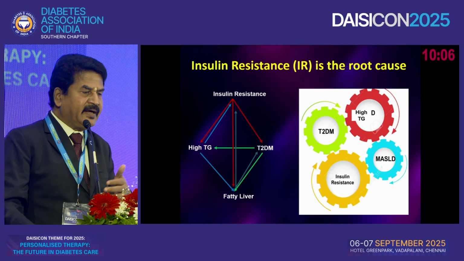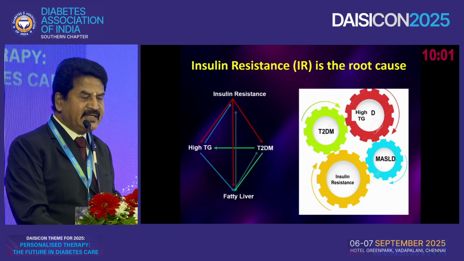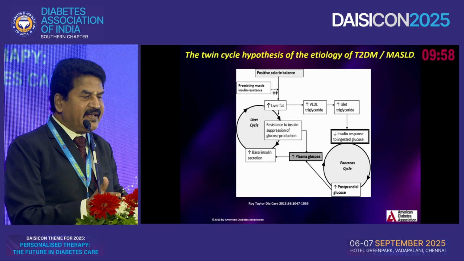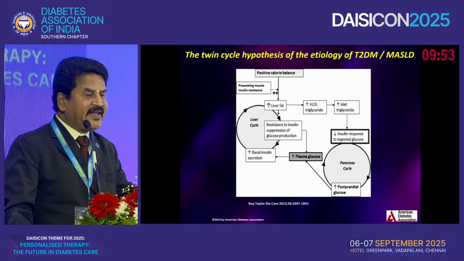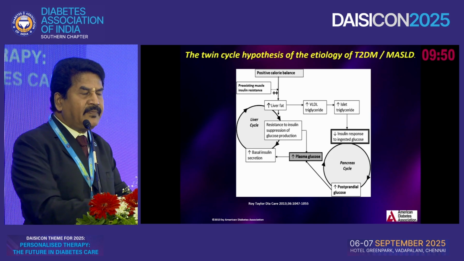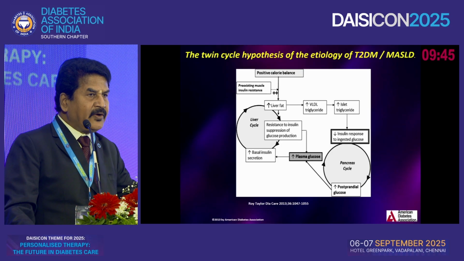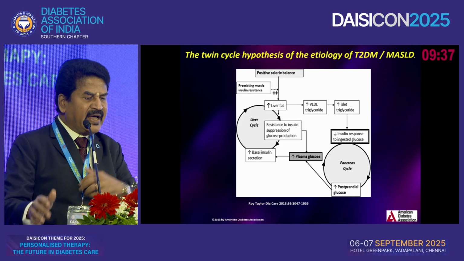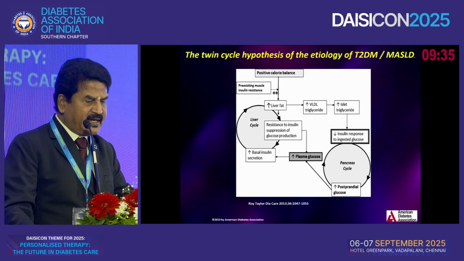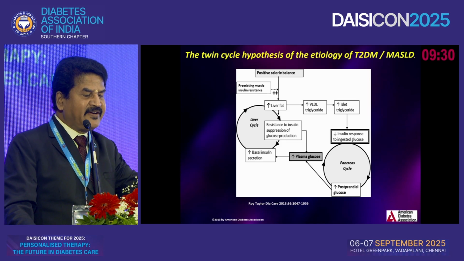So what is the culprit? Insulin resistance is a root cause for T2DM, high TGL and MASLD. This is a very popular slide. We have seen it in so many conferences. This is the twin cycle hypothesis of the etiology of type 2 diabetes mellitus and MASLD. A positive calorie balance in the background of insulin resistance and higher liver fat, in the liver cycle, leads to resistance to insulin suppression of glucose production, which leads to elevated plasma glucose, which in turn leads to increased basal insulin secretion.